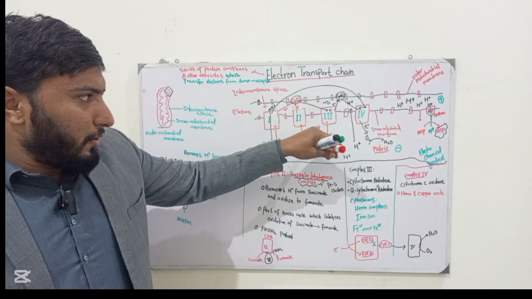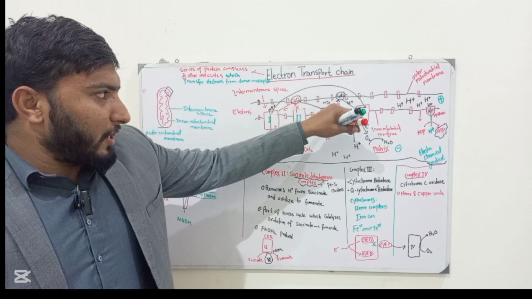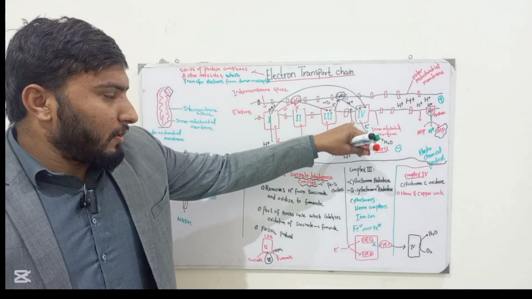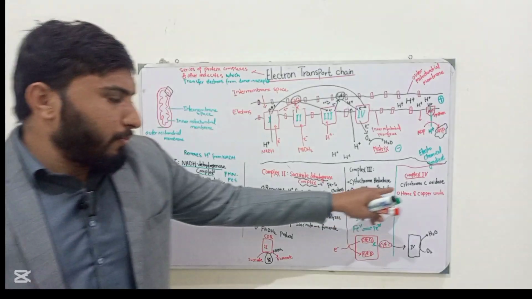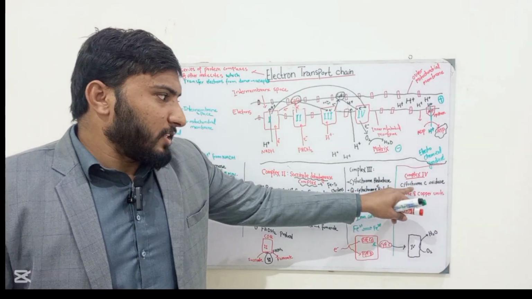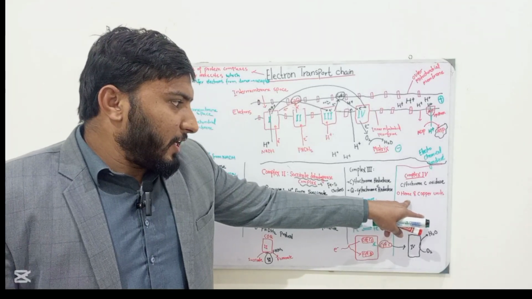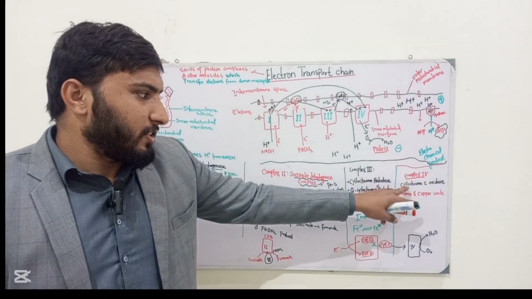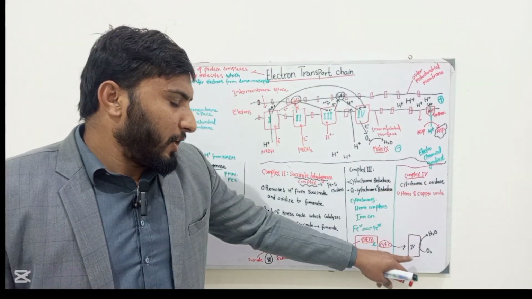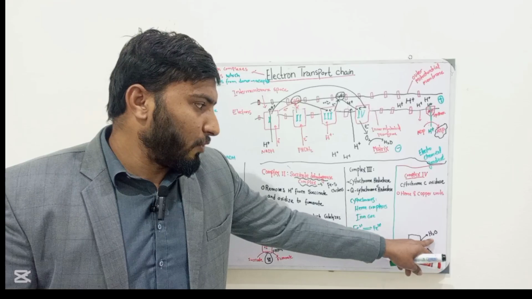The main function of protein complex 3 is to transfer electrons from coenzyme Q to cytochrome C, and then to protein complex 4. Then complex 4 is also called cytochrome C oxidase. It contains heme and copper units. Protein complex 4 is used for the reduction of oxygen to water molecules.